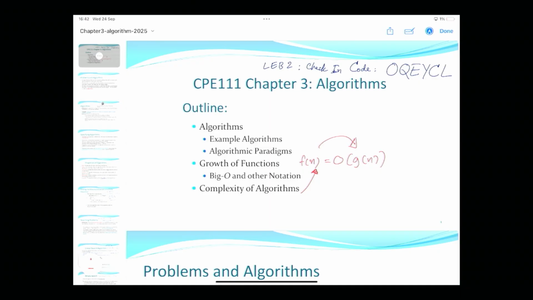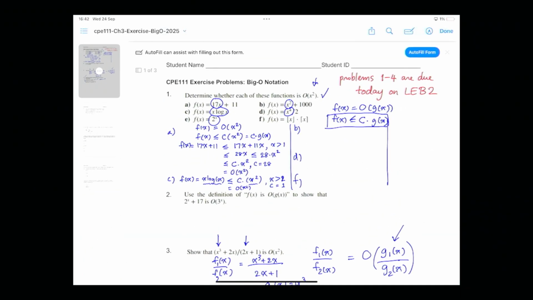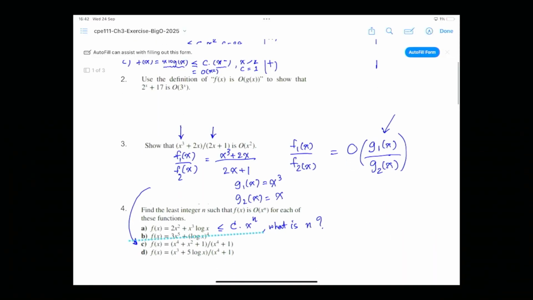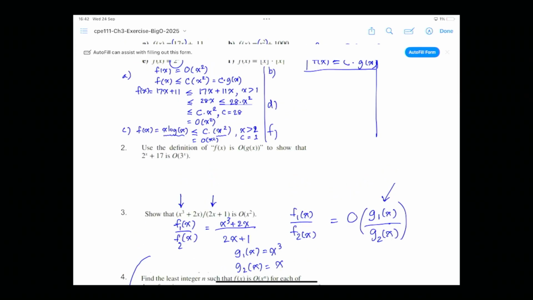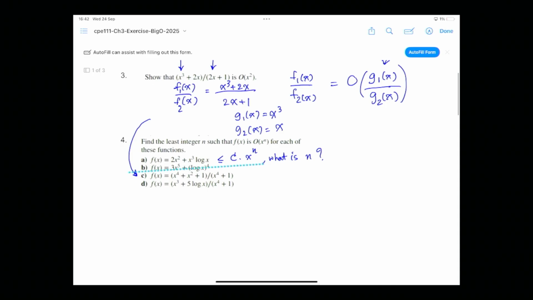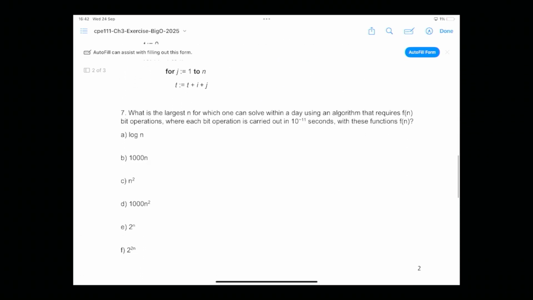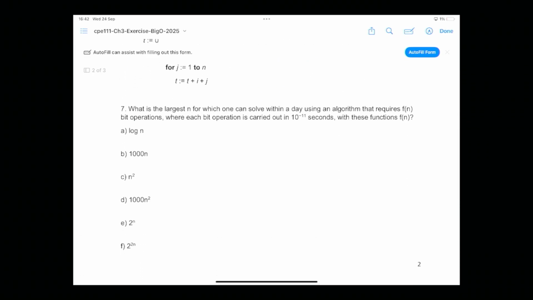Now for the exercise problems. Problems number 1 to 4 on the first page are due today before midnight. And the remaining part would be due by Tuesday before the class.